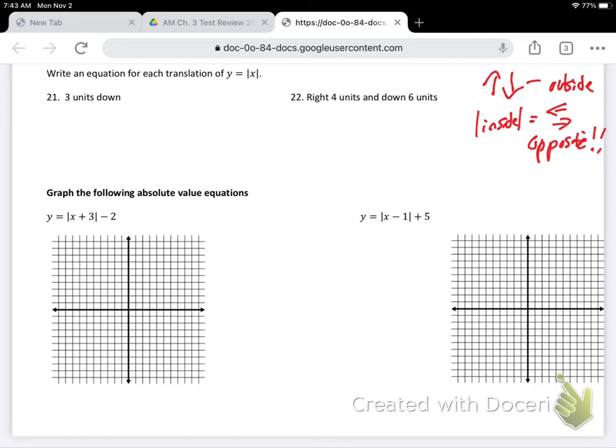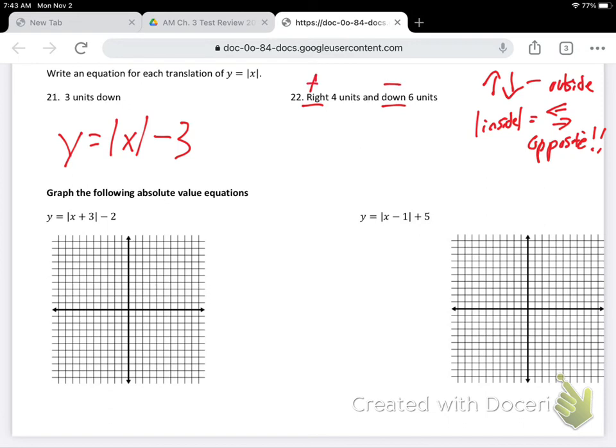So let's do some here. So if I want to go 3 units down, it's going to be y is equal to |x|. And then 3 units down, it's going to be on the outside, and going down is a -3. Next: 4 units to the right, and down 6 units. So to the right is positive, and down is negative.